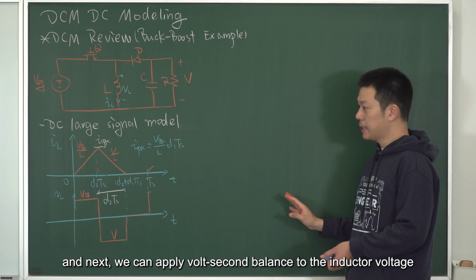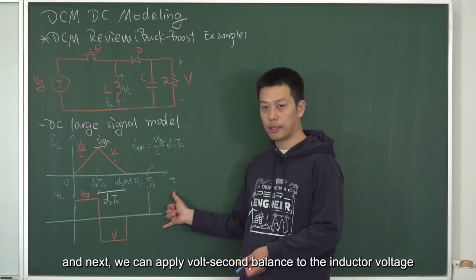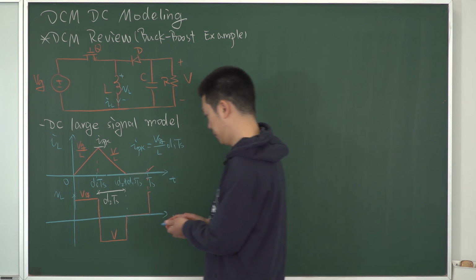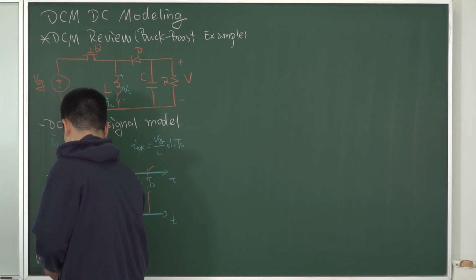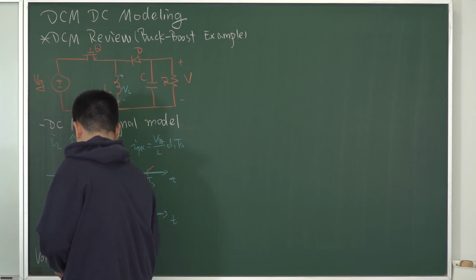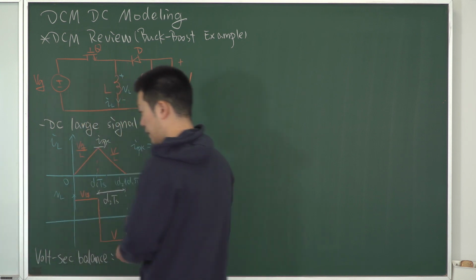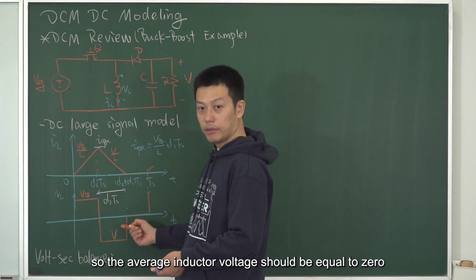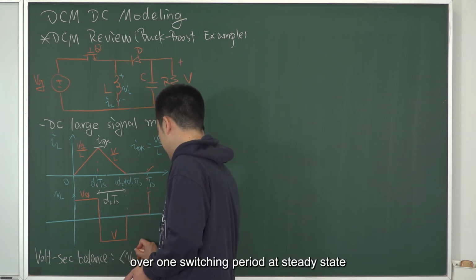Next, we can apply volt second balance to the inductor voltage. The average inductor voltage should be equal to 0 over one switching period at steady state.